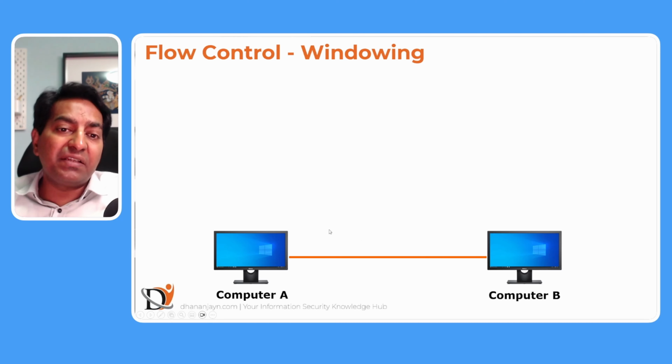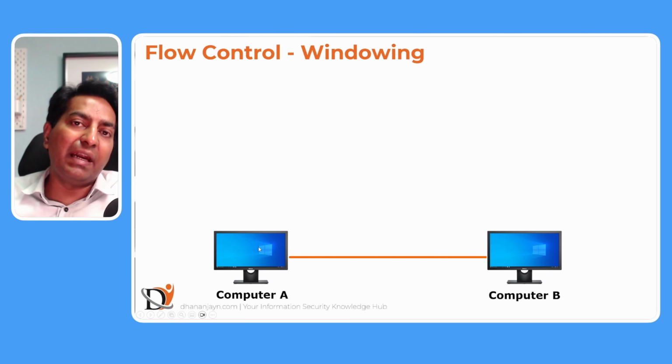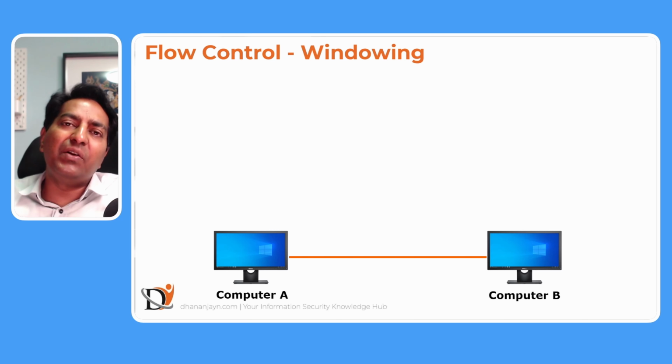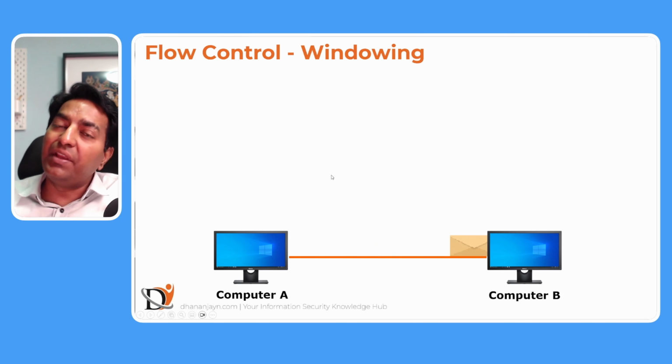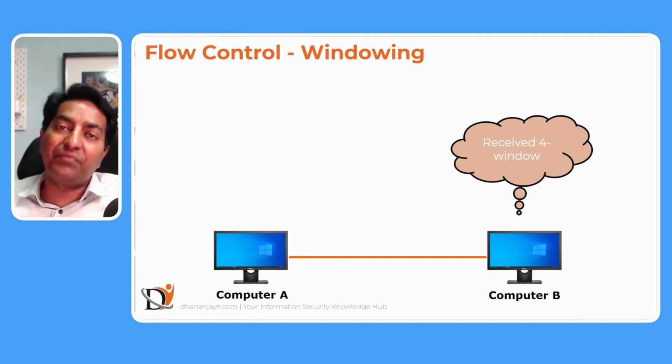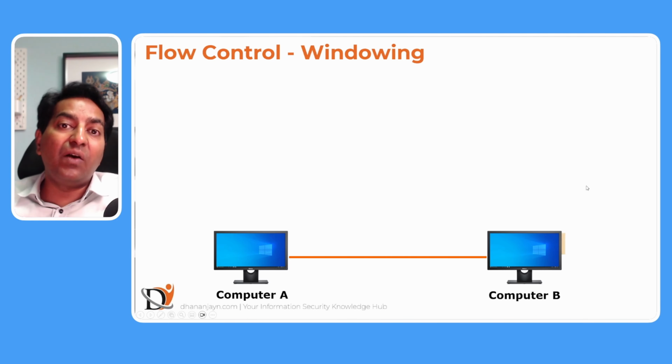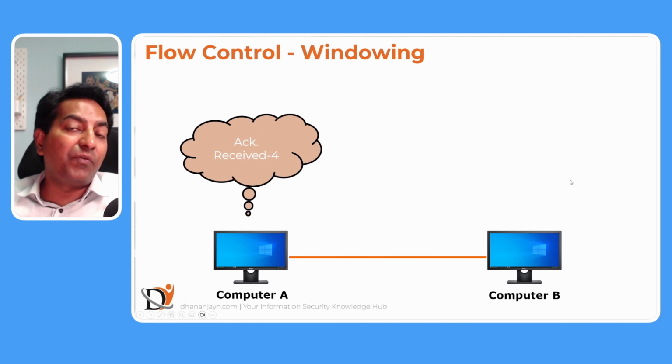So it means the computer A can understand that sending 3 windows is going smoothly. Now it will try to send some additional windows. This time it sends 5 windows. Now the client has received 4. It means that acknowledgement for only 4 windows has been received.